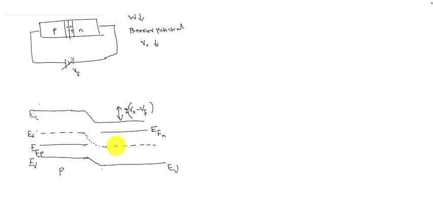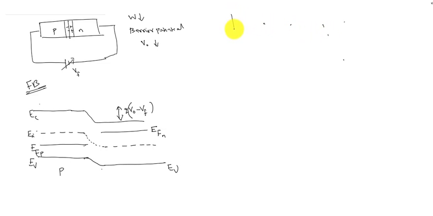This is the forward bias condition. With the applied voltage, the contact potential decreases, so the Fermi level location changes. Similarly, if you know the forward bias condition, you can draw the reverse bias condition also.